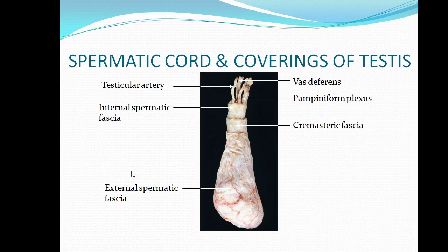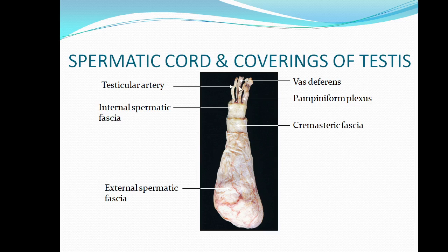Here, this dissection shows the spermatic cord and its coverings of the testis. Here you can see the external spermatic fascia covering the testis and the spermatic cord, then the cremastic fascia, and the innermost is the internal spermatic fascia.